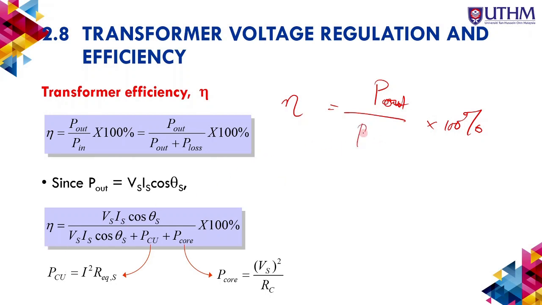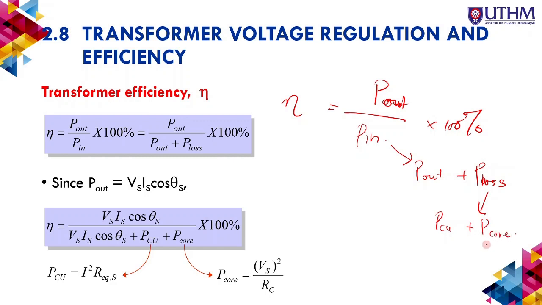Okay. So P in dia ada pecah dua lagi: P out tambah P loss. Dan P loss ni ada pecah lagi dua: P copper losses plus dengan core losses.